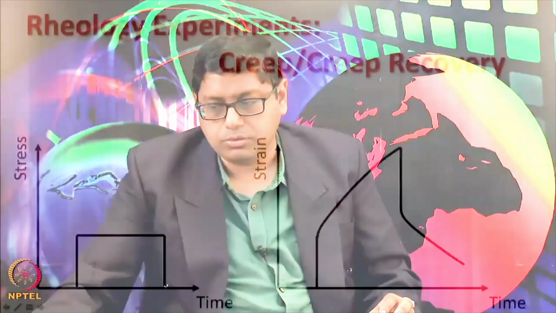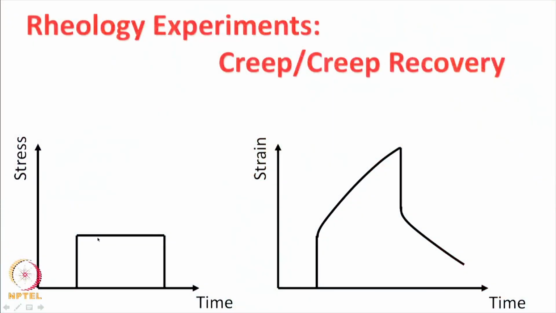Okay. So, for doing these experiments you expose the specimen to a constant stress for an extended duration of time, and during that time you track how the strain evolves. So, what you find in the strain response is, as soon as you impose the stress, there is an instantaneous strain, and this accounts for the elastic component of the behavior.